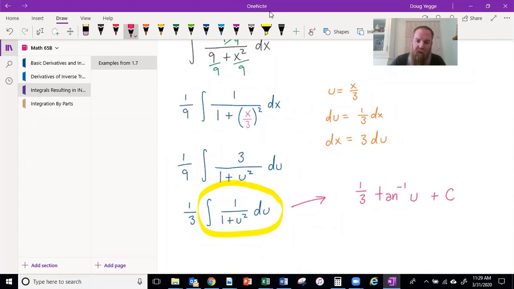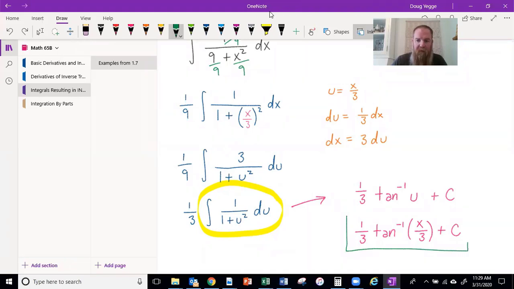Now we can replace u, and we get 1/3 tangent inverse of x over 3 plus c. Any questions on that?